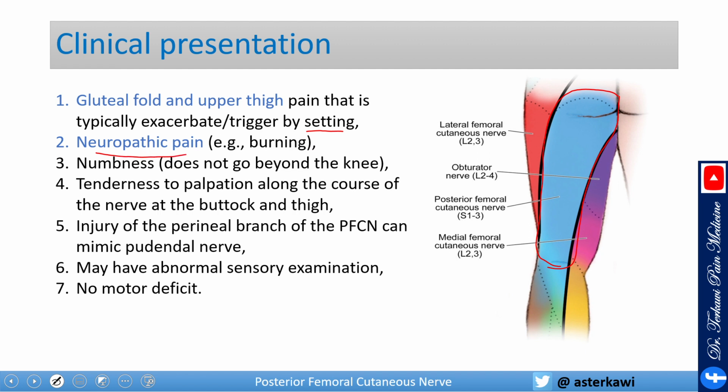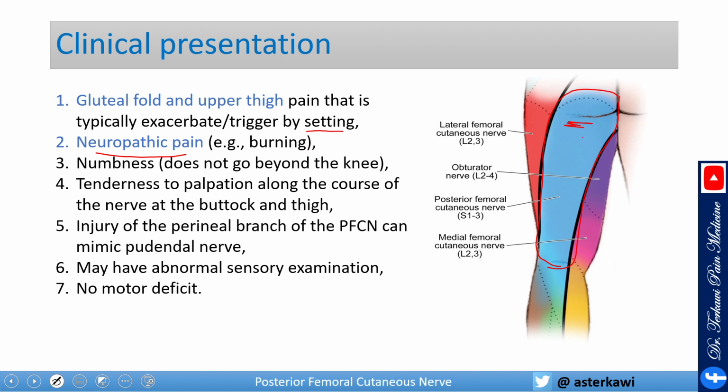Patients usually describe it as burning pain along the distribution of the nerve, this blue color here. On examination, you might feel some tenderness here or along the course of the nerve. But it's important in the examination to rule out sacroiliac joint dysfunction and piriformis syndrome.